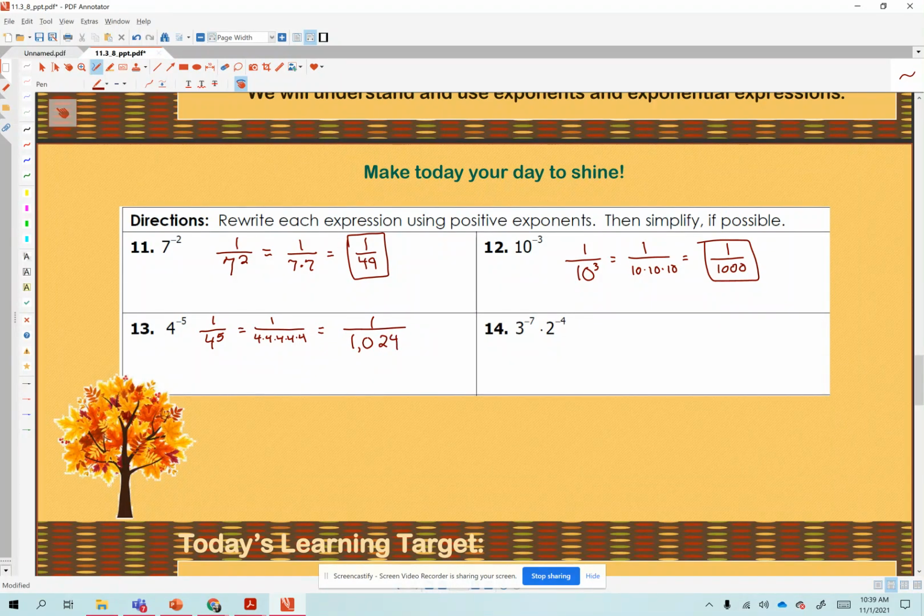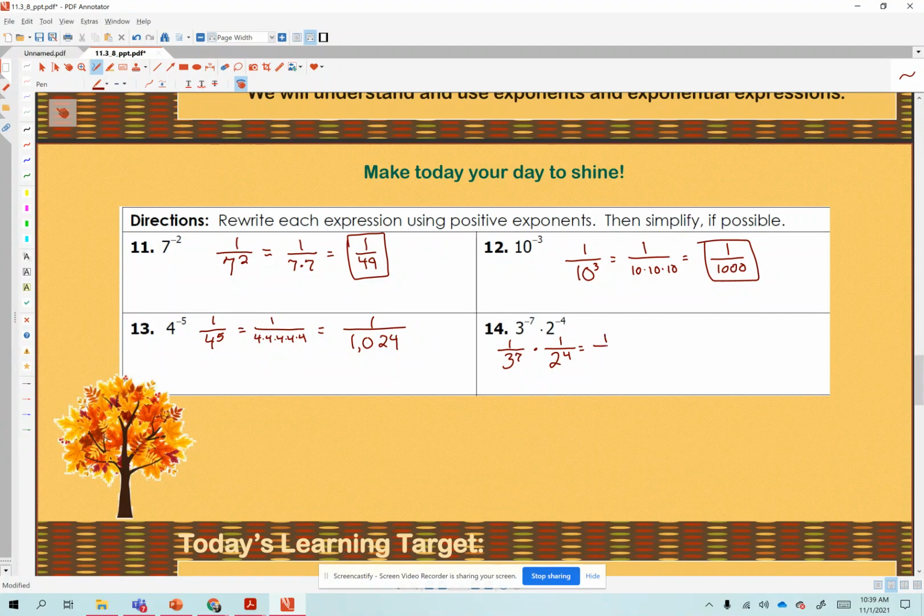1,024. And then number 14, the numbers are going to get a little large here. They'll be small in that they're in the denominator, but you will probably need a calculator. We're going to have 1 over 3 to the 7th times 1 over 2 to the 4th.